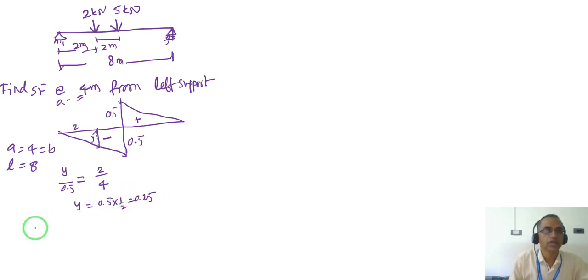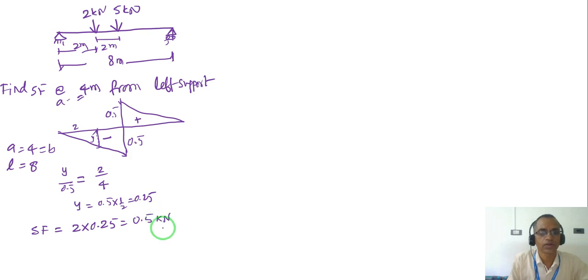Then the shear force is equal to 2 into 0.25, which is 0.5 kilonewton. This is the shear force, which is a negative value. So that is the shear force at a section 4 meter from the left support.